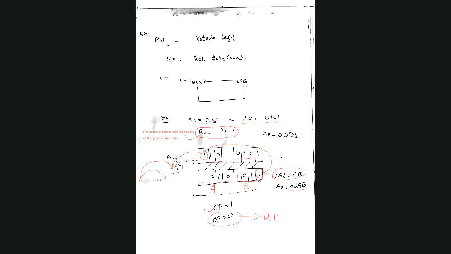The carry flag we know from this diagram: the most significant bit will be copied into the carry flag, so we can easily find its value. How do you find out the overflow flag? For that, you have to see the carry flag first. Now the carry flag value, this is the previous value. Let me write this.